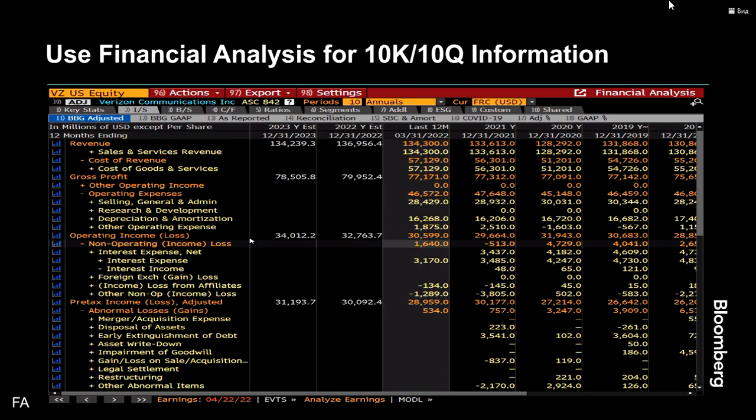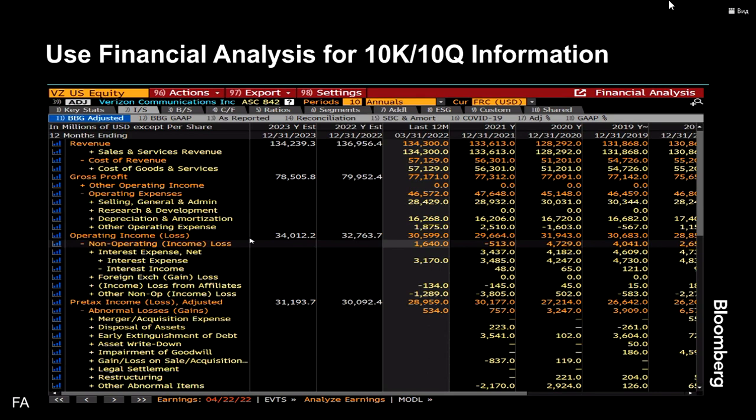Next, a really helpful function that we have, which is also company specific, is going to be our RFA function. This is just going to be an overview of all of the reported financial information for a specific company.